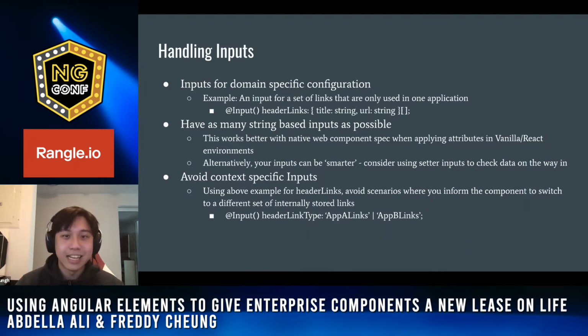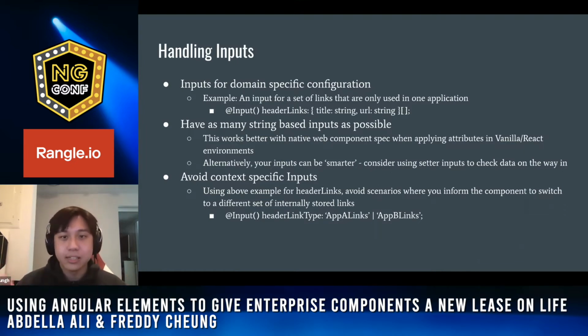And lastly, we can't forget, we want to avoid context-specific inputs. So revisiting our header component that we designed in step one, let's think about the same pattern, and we want to avoid creating an input where we would control a specific behavior tied to a different type of app.